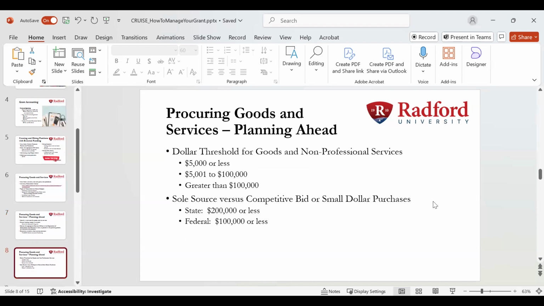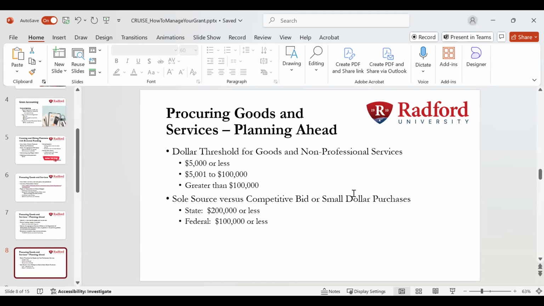Another thing, do know that there are various different thresholds when procuring things. Much like with the equipment, as I said, the equipment threshold is $2,000 at Radford, but $5,000 for the federal government. There are different dollar thresholds for procuring on state and federal as well. As you can see, the dollar thresholds for goods and non-professional services are $5,000 or less, $5,000 to $100,000.